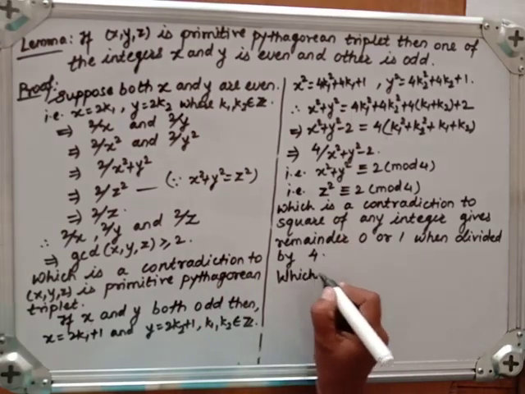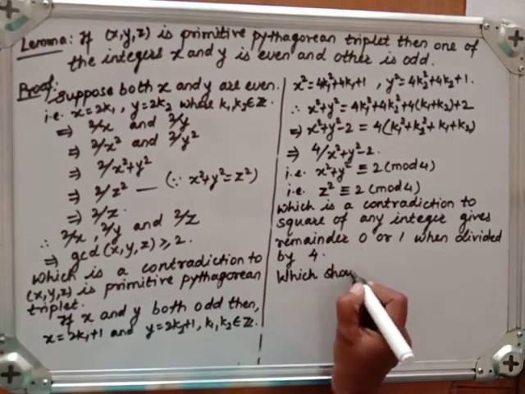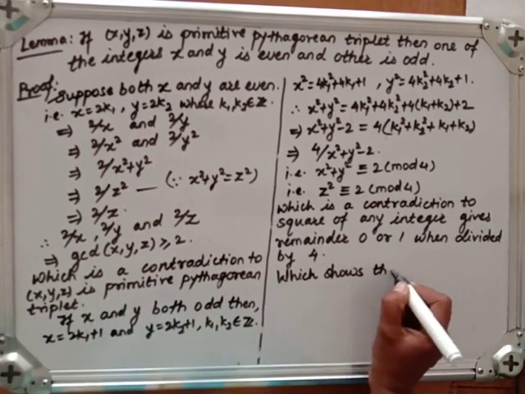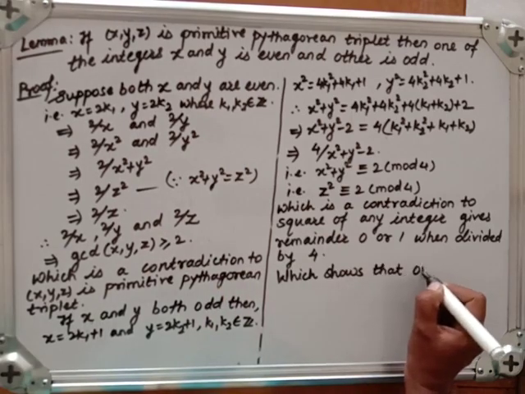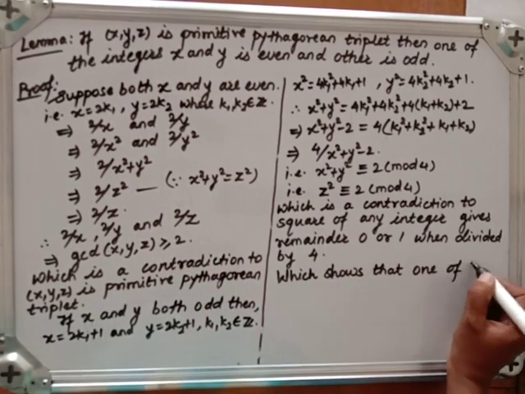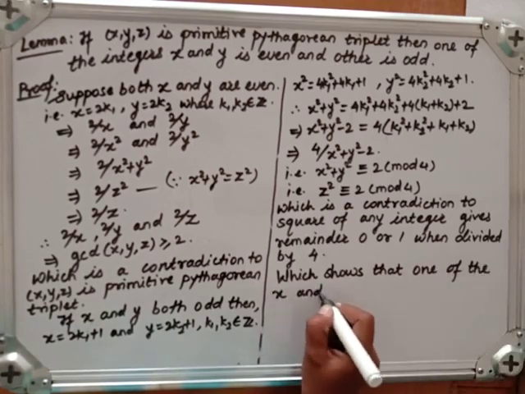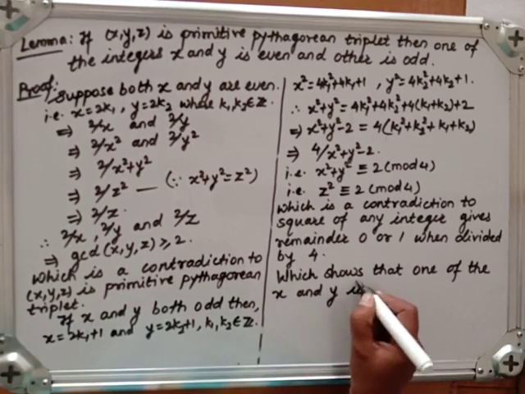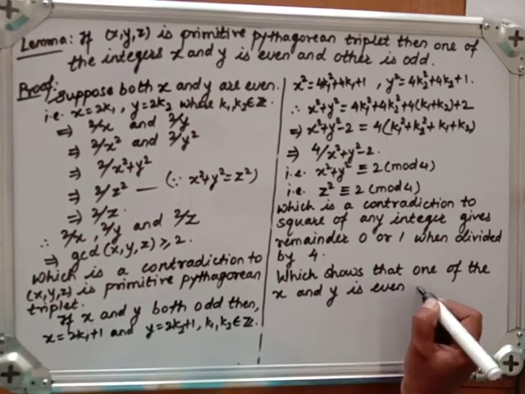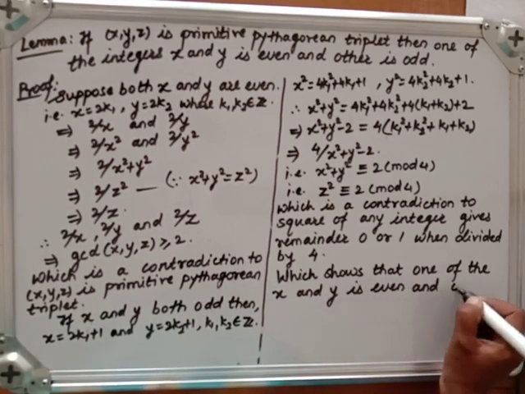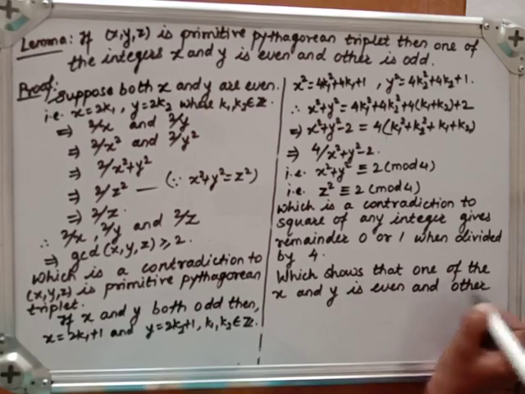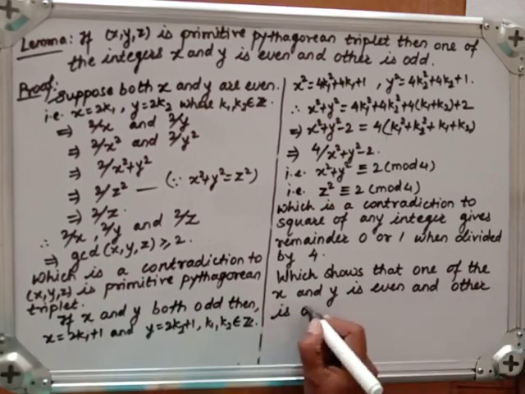So one of x and y is even and the other is odd.